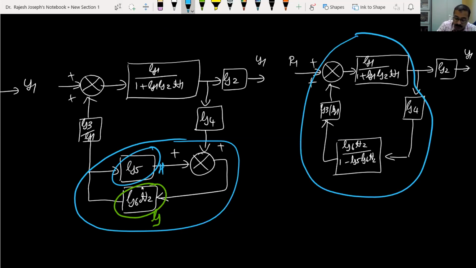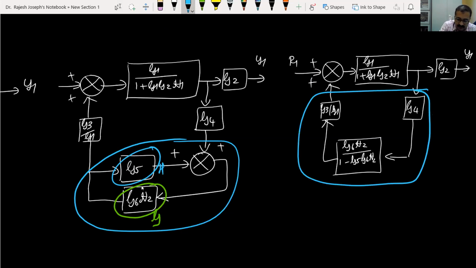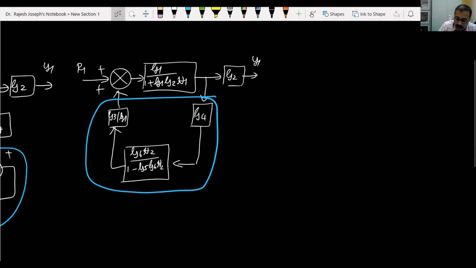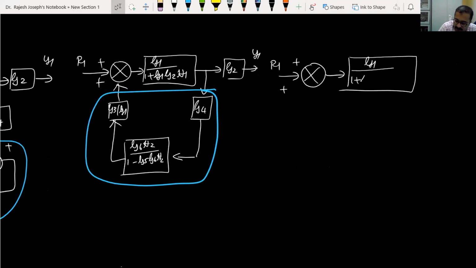So you will get these much things in cascade. Okay, so I can write it like this. So you will get the summing point with R1 plus plus. This block is G1 divided by 1 plus G1, G2, H1.